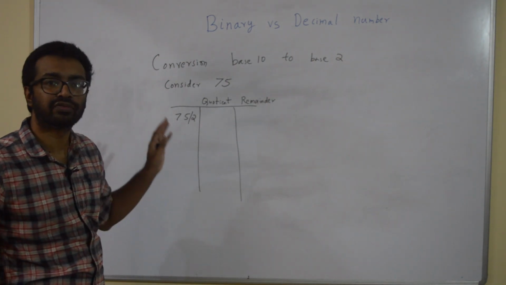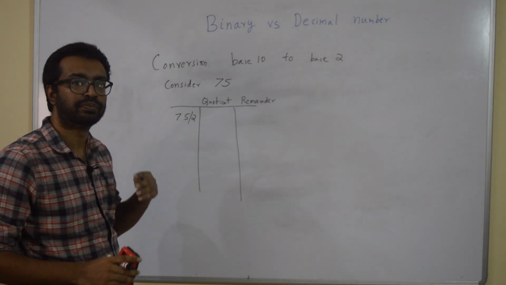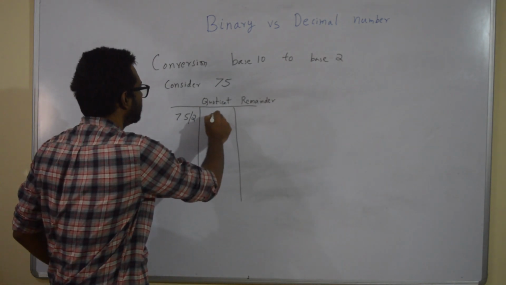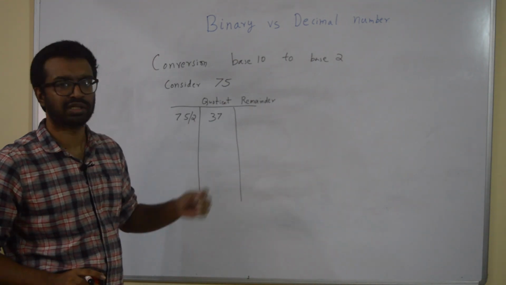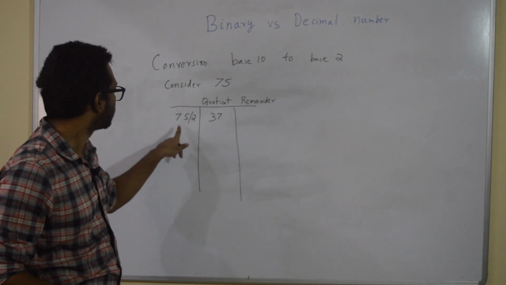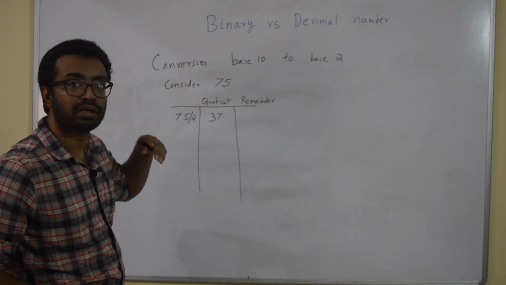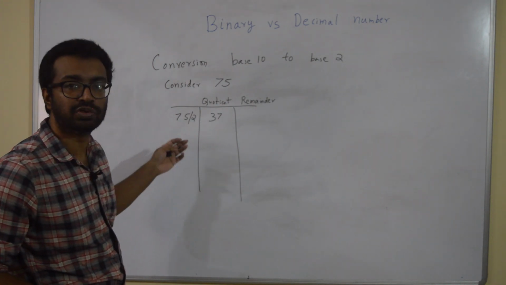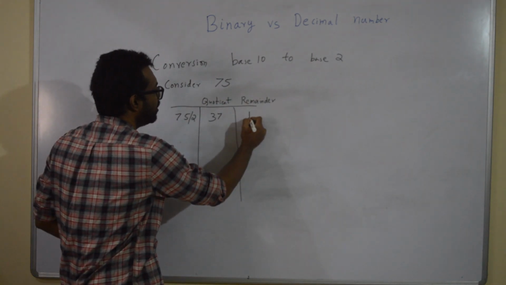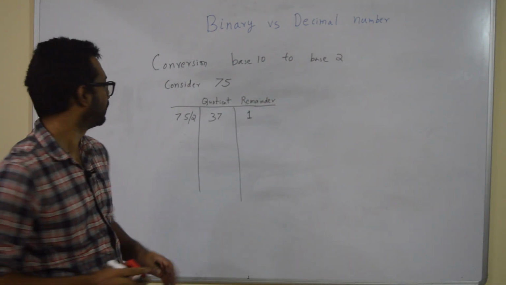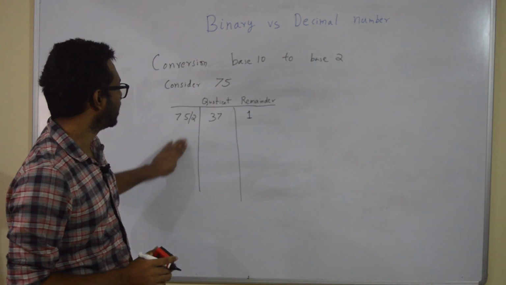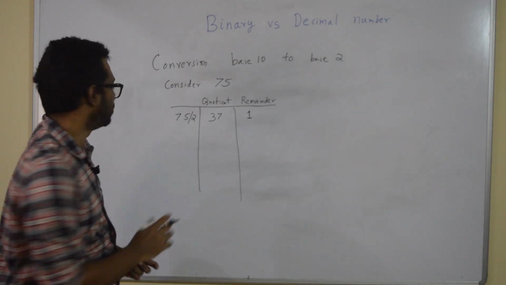What is the quotient when you divide 75 by 2? It is 37, because 37 into 2 is 74, and it leaves remainder 1. Okay. Next, you divide 37 by 2.